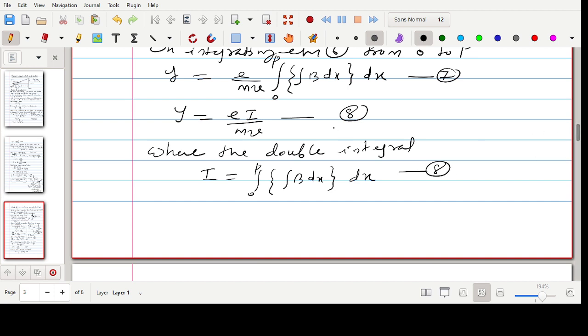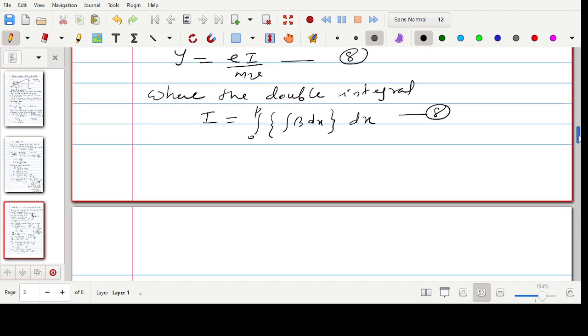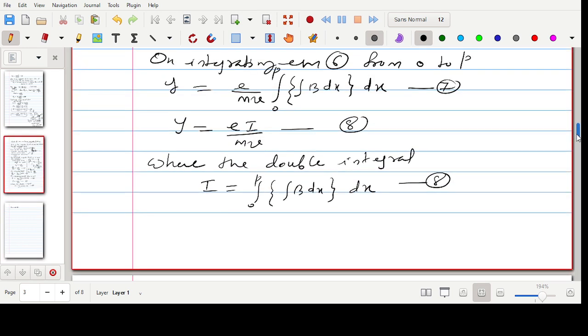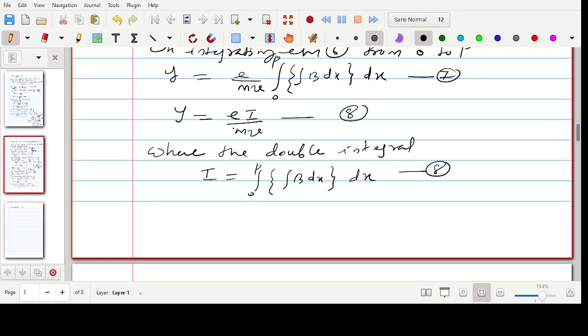If you know this double integral, then I can substitute this value in the above equation. From equation 8 we can calculate the expression for v. What is v from equation 8? v equals eI by my.